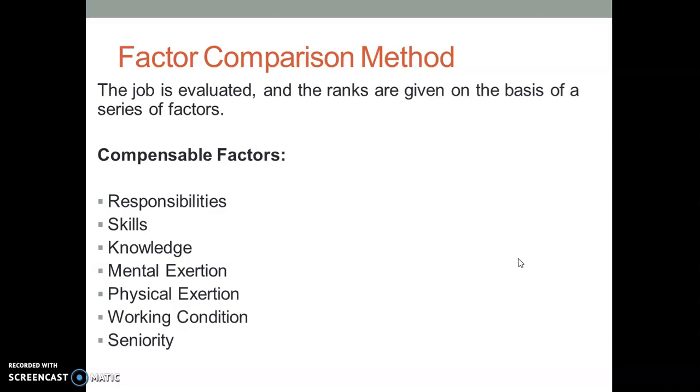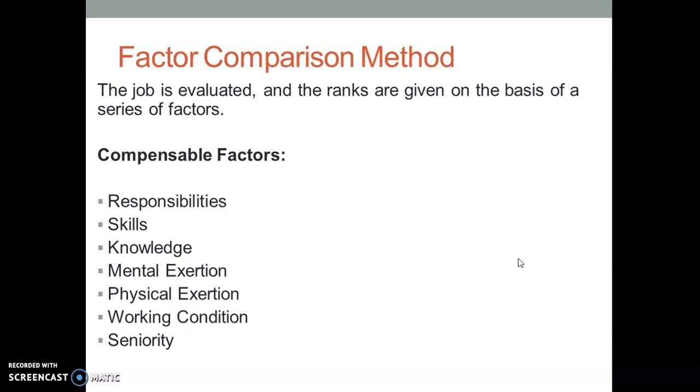The factors used to determine the compensation of any individual are called compensable factors, or compensable factors are those factors which are responsible for determination of compensation of an individual.